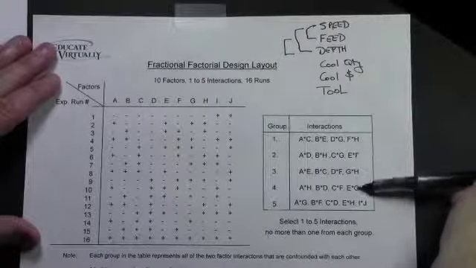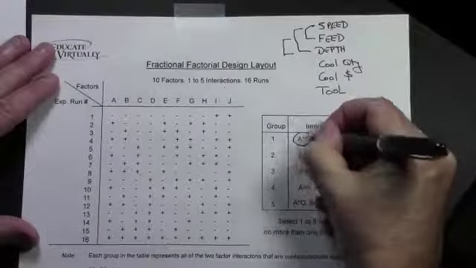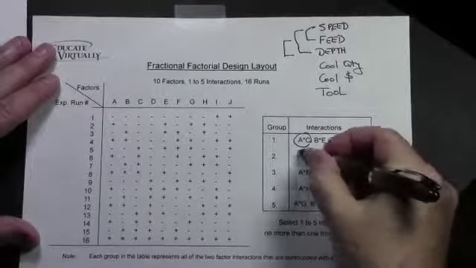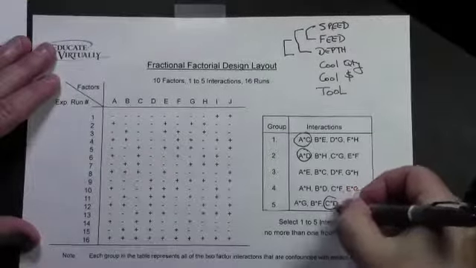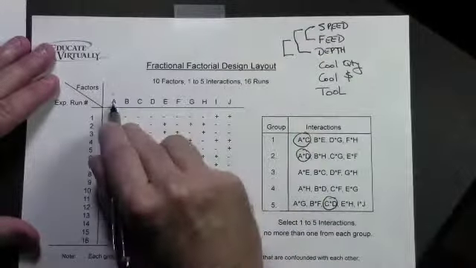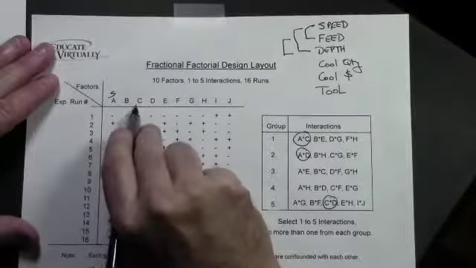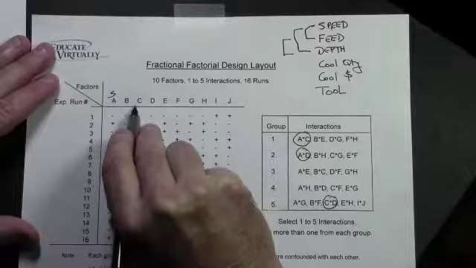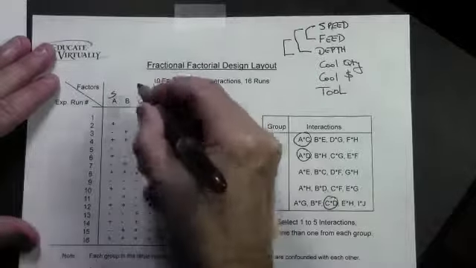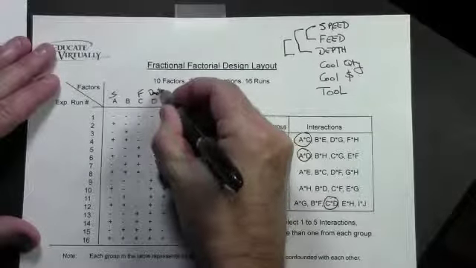All right, not here, but I do have a C and D down here. So I can select to use columns A and C, A and D, and C and D. So that means speed is going to be over here in A, and then in C, I am going to put our feed rate, and then D is going to be depth of cut.